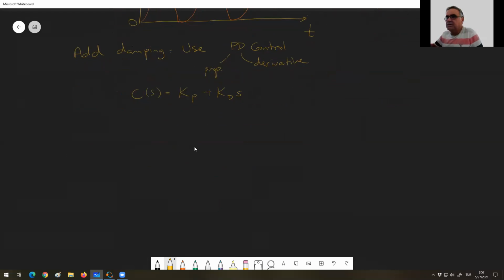Now theta of S over R of S is again GC over 1 plus GC. Instead of Kp, we added this extra term. This S term is an extra here.